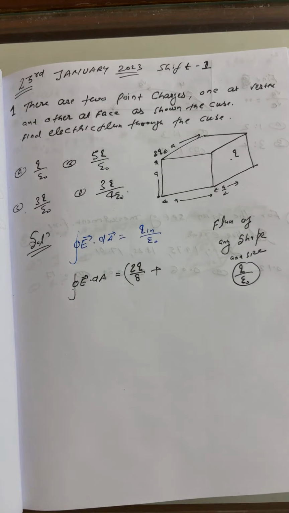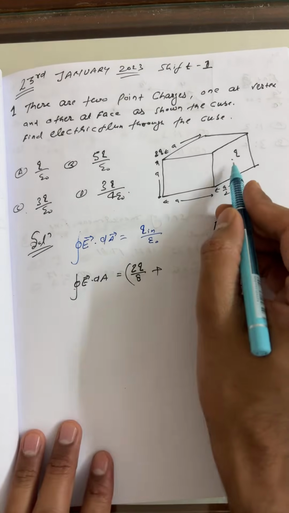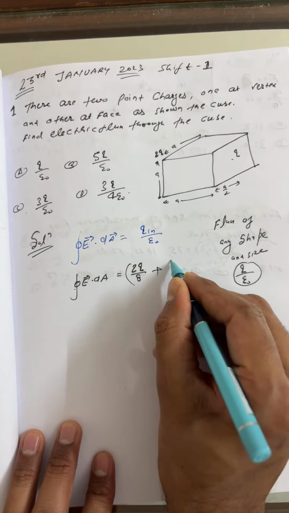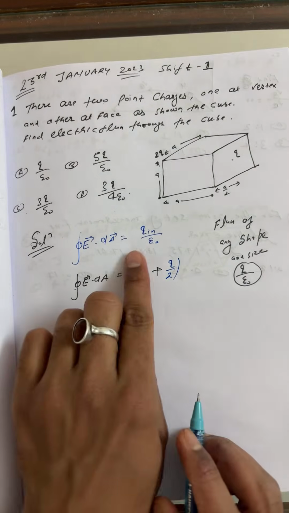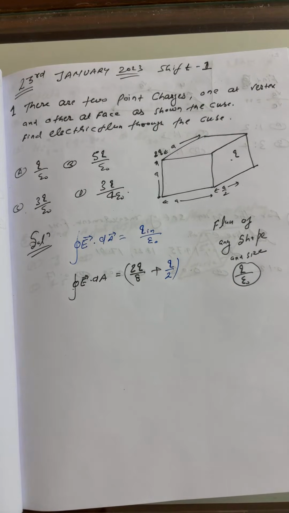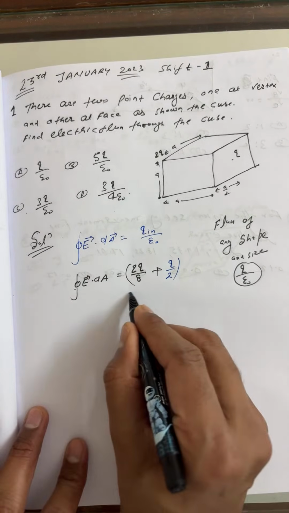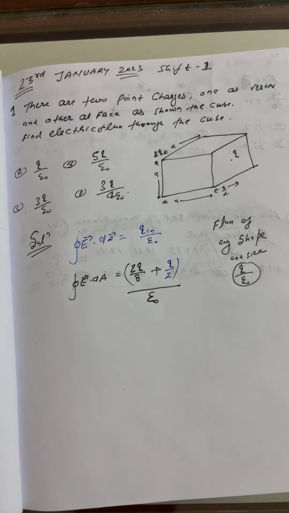So to cover this one, we need one more surface. So what's the charge over here? You can take this as q by 2. So I wrote the expression of charge enclosed upon epsilon naught.